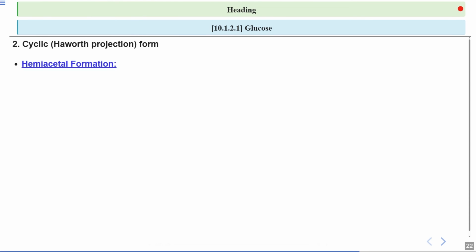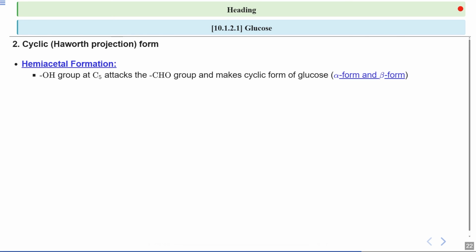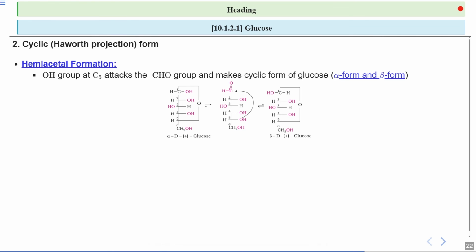Now continuing, we will see the hemiacetal formation. The OH group at carbon 5 attacks the aldehyde group and makes the cyclic form of glucose, the alpha form and the beta form. As I told you, the OH group on the 5th carbon attacks this aldehyde group and forms the cyclic structure.